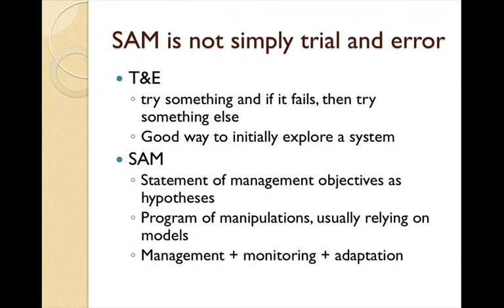Maybe it's a whole tree of possible manipulations you would use, but it's very laid out to address what happens if your management activity as an experiment ends up on one path versus the other path. You do different things. And finally, it requires management activities, monitoring, and adaptation, with all of that feeding back.